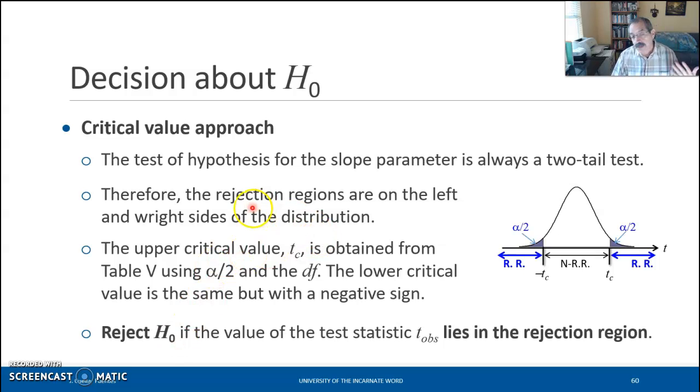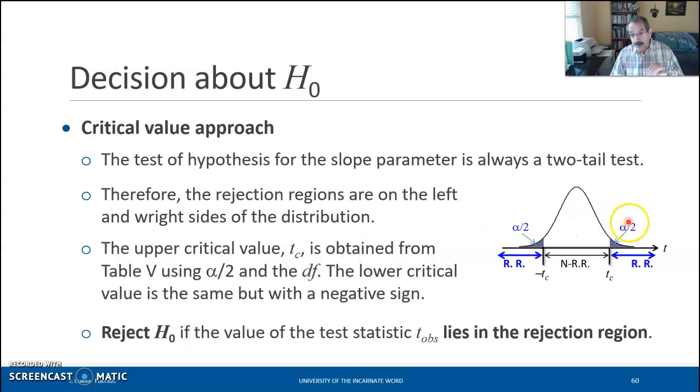If we decide to use the critical value approach, then we know that this is a two-tail test. So we're going to have two rejection regions, one on the left, one on the right. To find the critical value for the upper region, we find that in table 5 using alpha over 2 and the degrees of freedom of n-2.